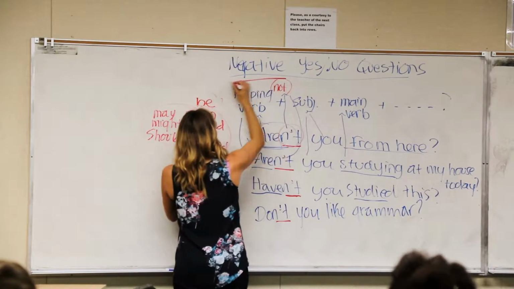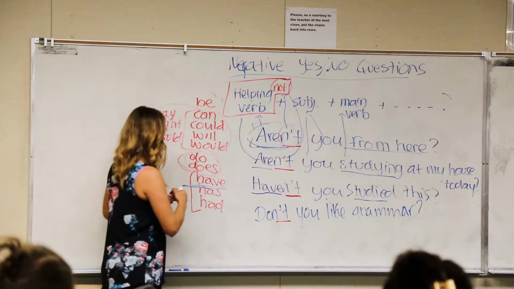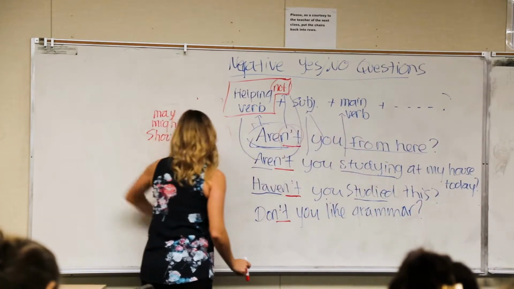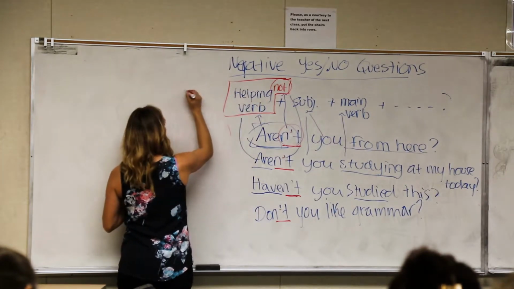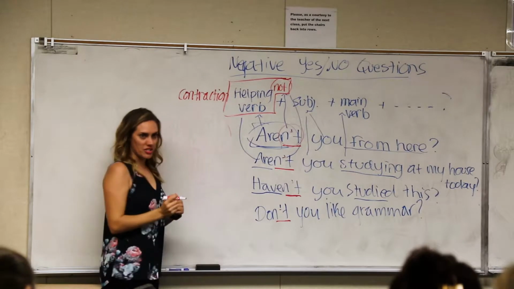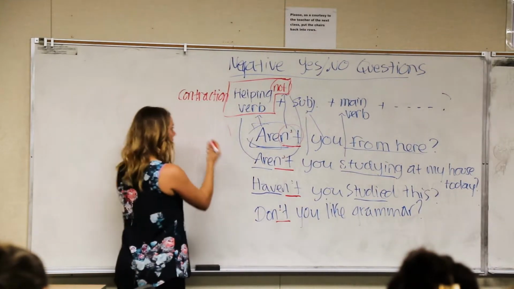Okay, this part is almost always a contraction. So let me write that. It's almost always this part, a contraction. That means you have to use that apostrophe, right?